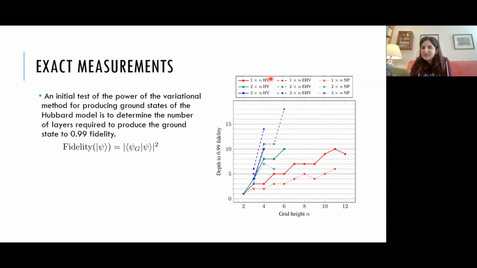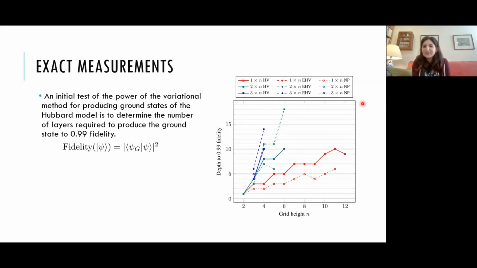The different colors are the grid sizes: we did 1 by n, 2 by n, and 3 by n. The different line styles are the ansatz we tested. We tested the normal Hamiltonian Variational, which was in the original paper, the efficient Hamiltonian Variational, which is the one with swap networks, and the number preserving ansatz.